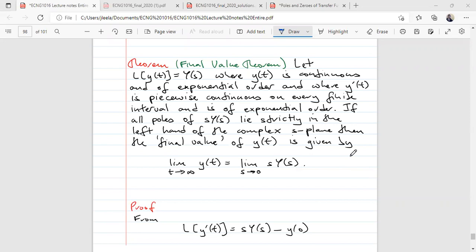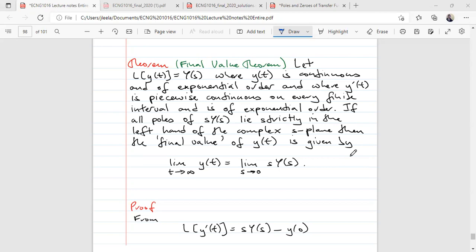If all poles of sY(s) lie strictly in the left-hand half of the complex s-plane, then the final value theorem gives the limit as t approaches infinity of y(t) equals the limit as s approaches 0 of sY(s). So that is when all the poles lie strictly in the left-hand plane.